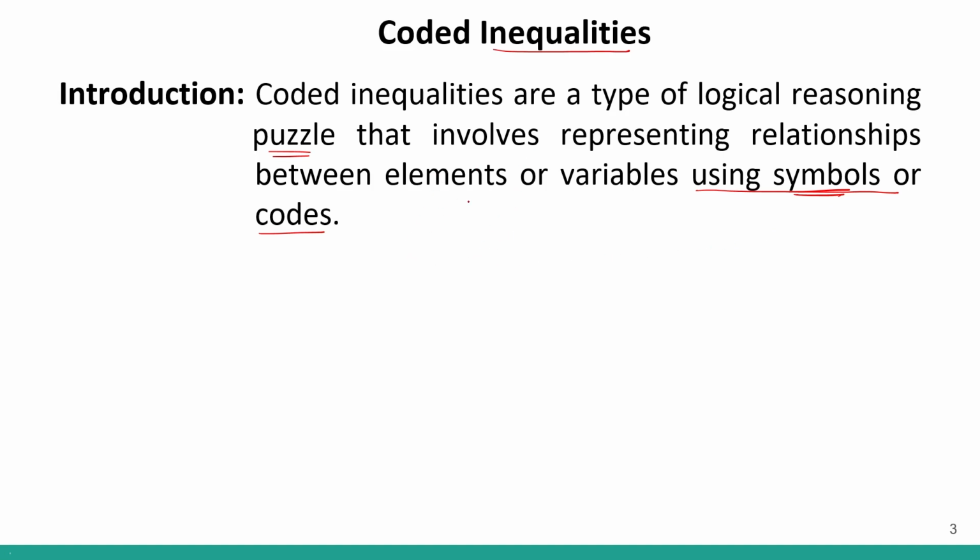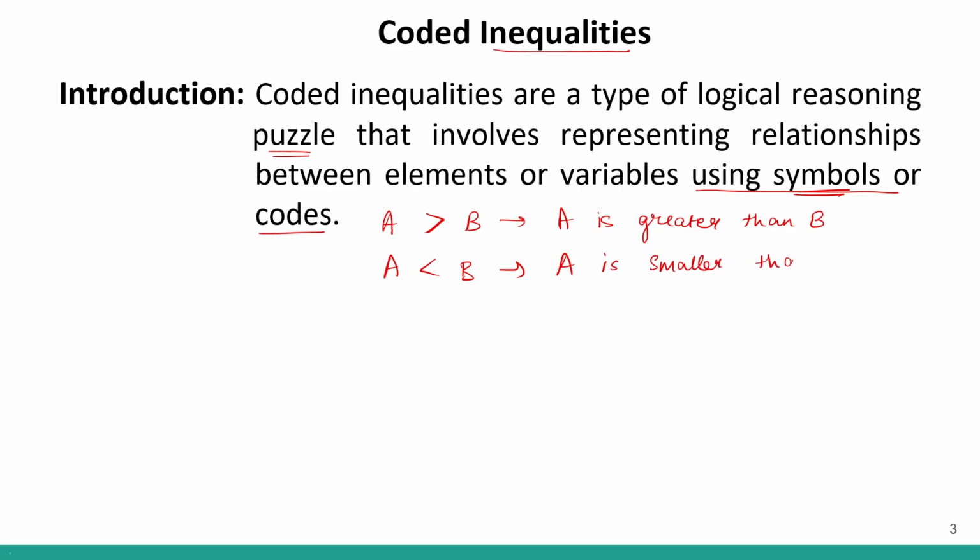For example, if I'm taking two things, let's say A and B, this symbol means A is greater than B, correct? This symbol, what does this mean? This means A is smaller than B, correct?